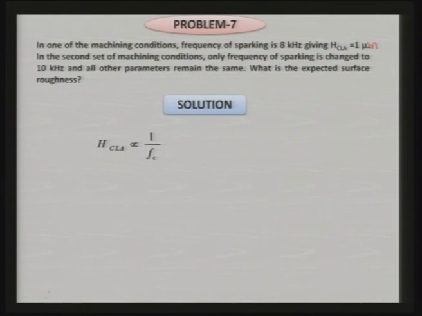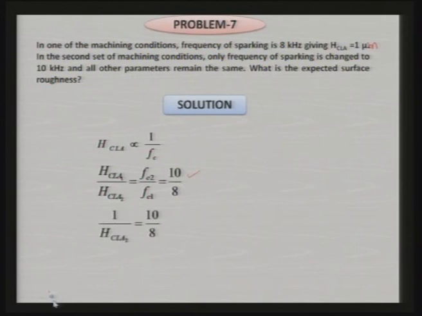We know that CLA is inversely proportional to the frequency Fc. So, CLA1 over CLA2 is equal to Fc2 over Fc1, and substituting the values of Fc2 and Fc1, 1 over CLA2 is 10 by 8, and simplifying, you will get CLA2 equal to 0.8 micrometer, that is the surface finish.